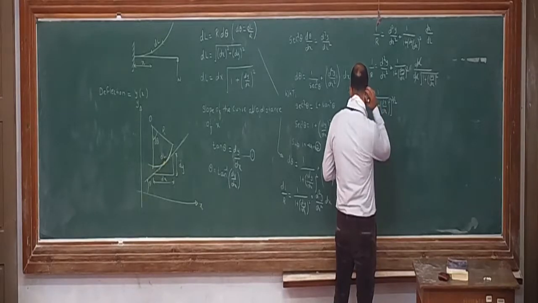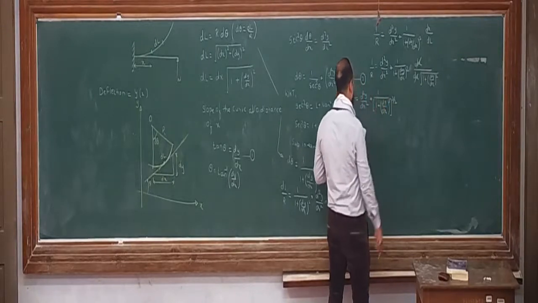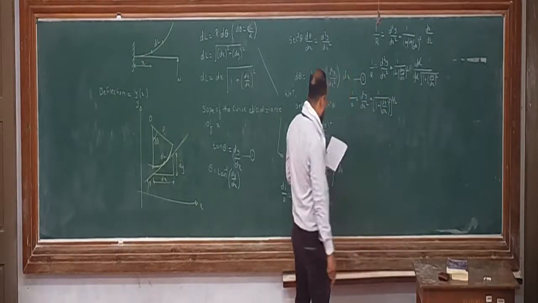Altogether it is 1 plus (dy by dx) square, raised to 3 by 2.